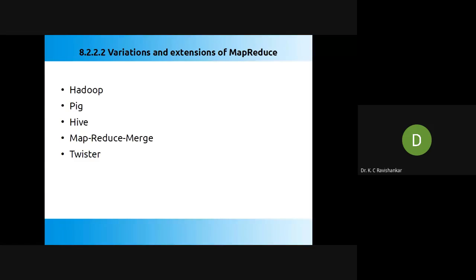So the Map Reduce Merge framework simplifies the management of heterogeneous related data sets and provides an abstraction able to express the common relational algebra operators for handling this data. So the heterogeneous data is made homogeneous by some criteria, not with respect to the type of data; by some criteria it has become homogeneous.